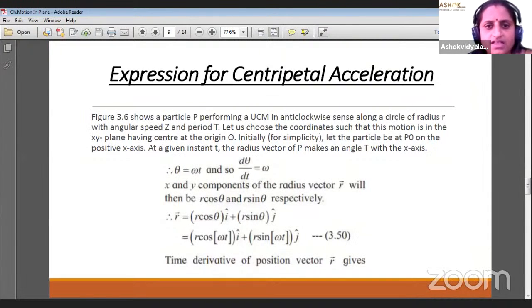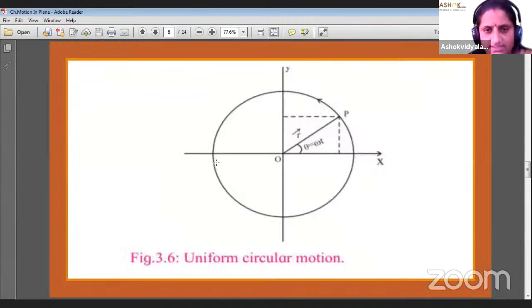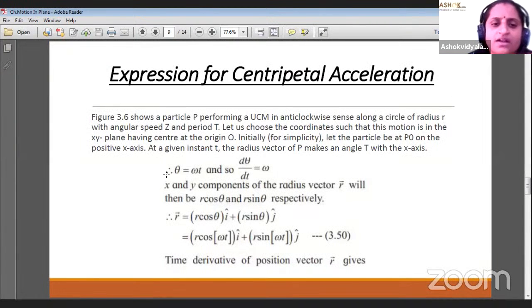Then at a given instant t, the radius vector makes an angle theta with the x-axis, where theta is equal to omega t, and so d theta upon dt is nothing but omega.